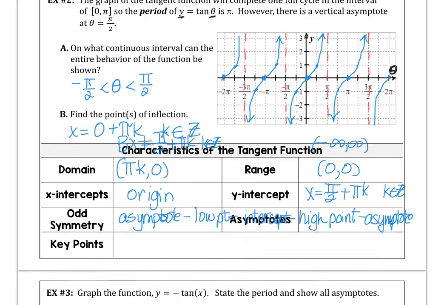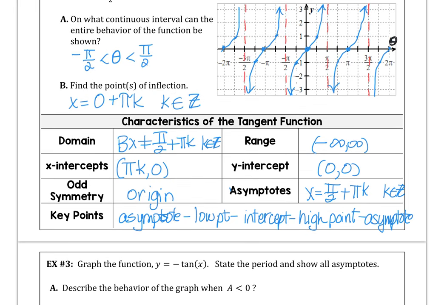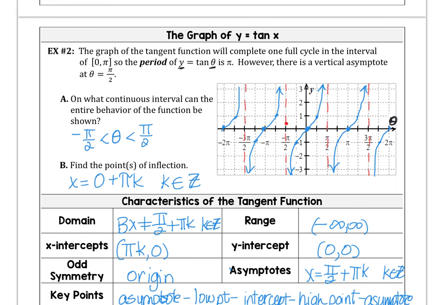And if you go back and look with me, I can show you what I mean by that on the graph. So here I have the first asymptote, that's our first key point, then a low point, and then an intercept point, and then a high point, and then an asymptote.